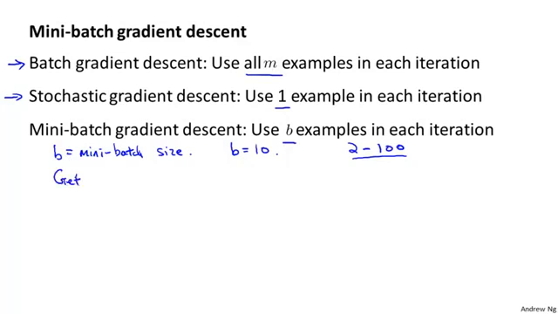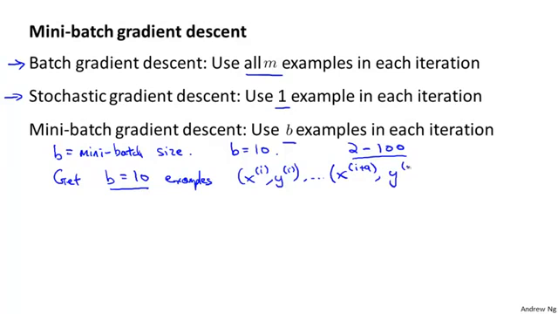So let me just write this out informally. Let's say b equals 10. So we're going to get the next 10 examples from our training set. So that may be some set of examples, x^(i), y^(i). If it's 10 examples, then the indexing would be up to x^(i+9), y^(i+9), so that's 10 examples altogether, and then we'll perform essentially a gradient descent update using these 10 examples.